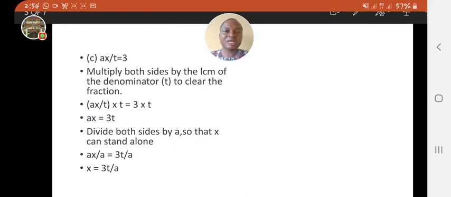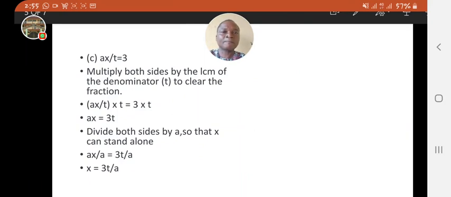Dividing both sides by a, we have ax over a equal to 3t over a. The a cancels the a, you are left with x equal to 3t over a, and that is our final answer.